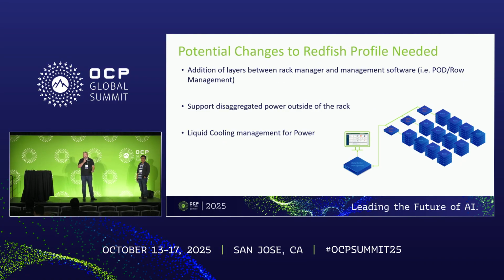As a result of that, I don't know that there's going to be some changes needed to Redfish to better comprehend this. First of all, we'll add this to the OpenRMC spec. You have to have these multiple layers, and how you might talk to a pod manager and have it talk to a rack manager, and then down to the nodes themselves, and how all that gets aggregated together.